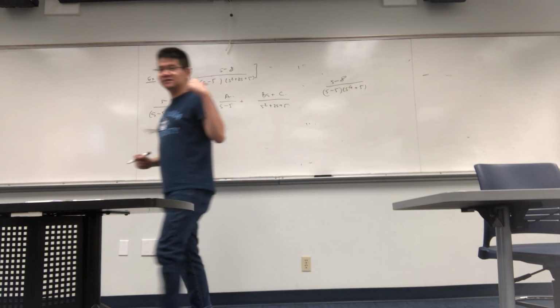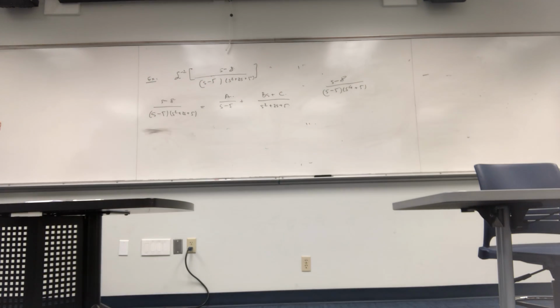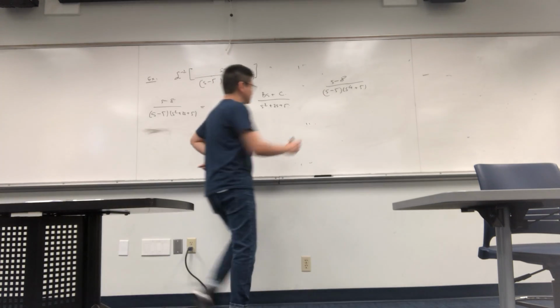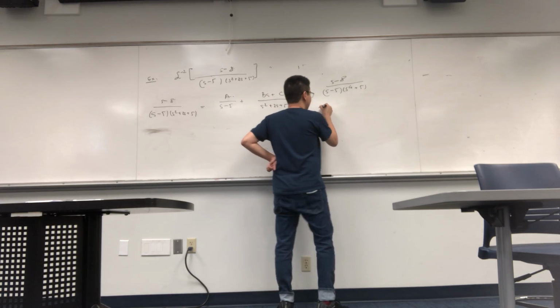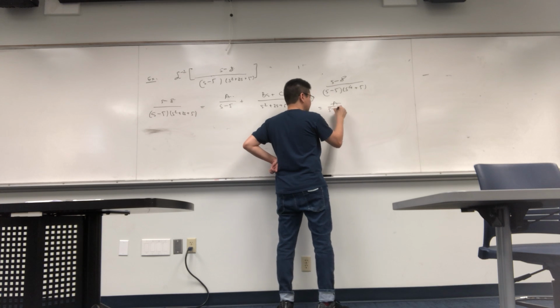For this case, how can I split it? Would it be A over s minus 5 plus Bs cubed plus Cs squared plus Ds plus E, and then that over s to the 4?